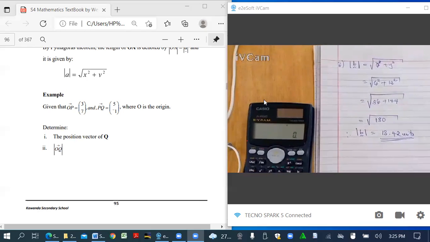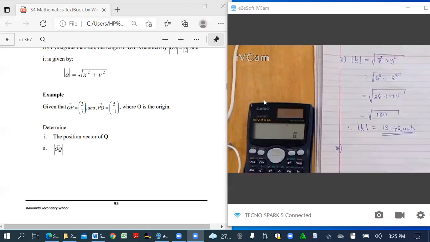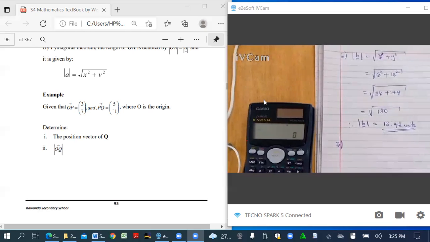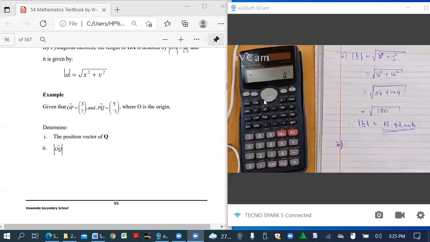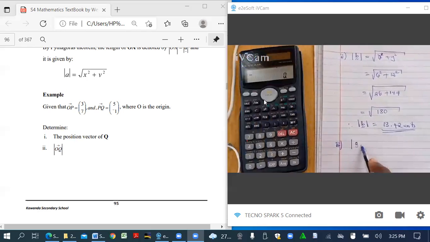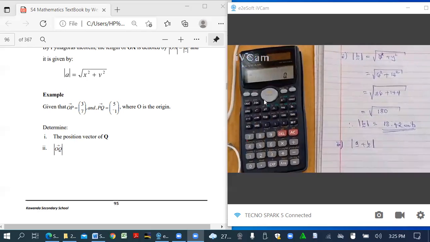All right. Now Roman 3. In Roman 3, they want us to find the magnitude of A plus B, not so?